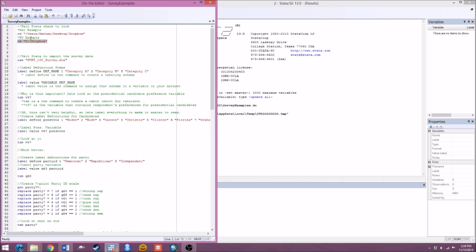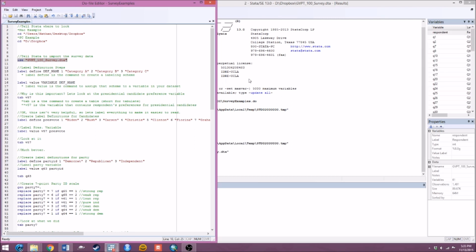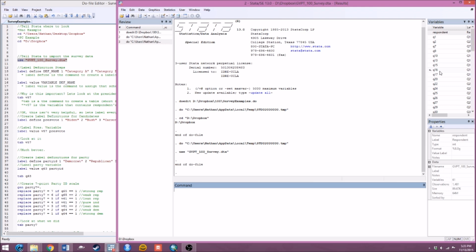In this case, it's in my Dropbox folder. And then we just do the use command. So it is called GVPT100 survey data, and we do that, and boom, we see all of our variables have been populated into Stata here.